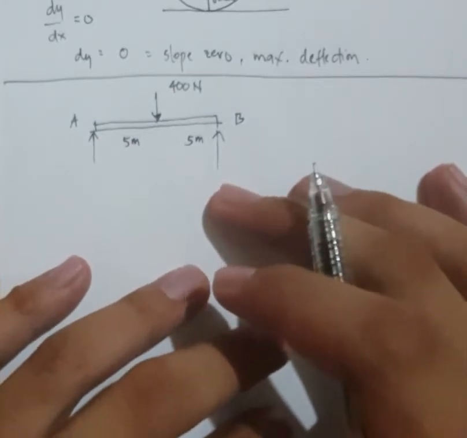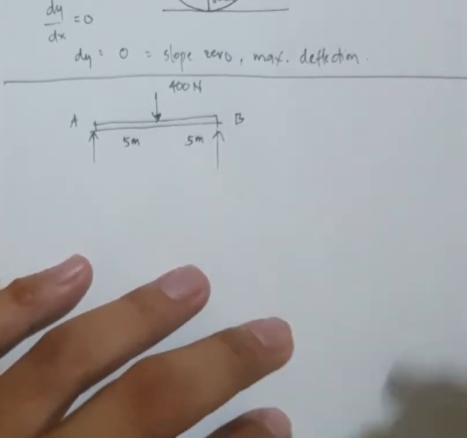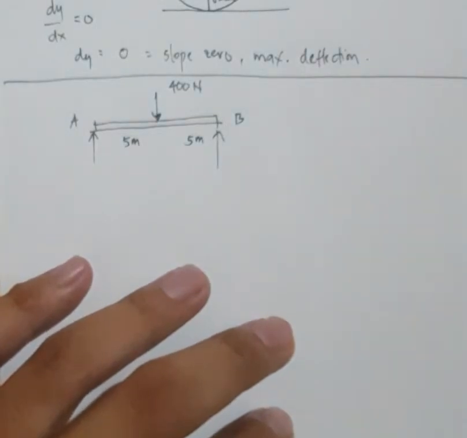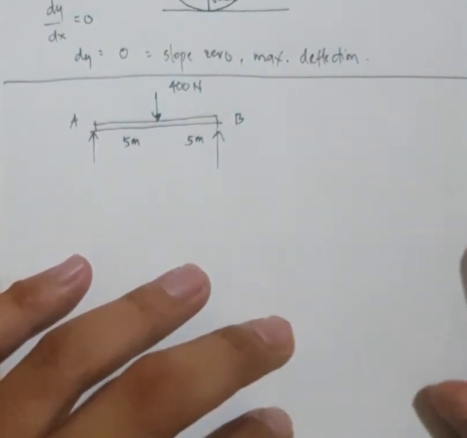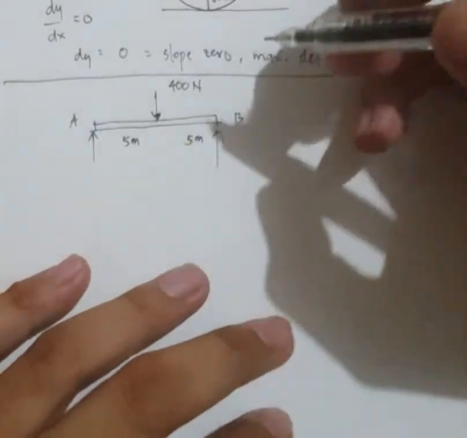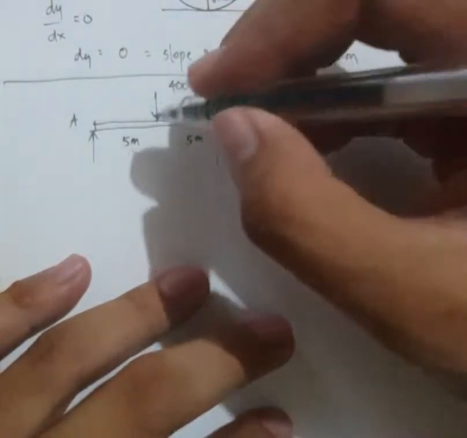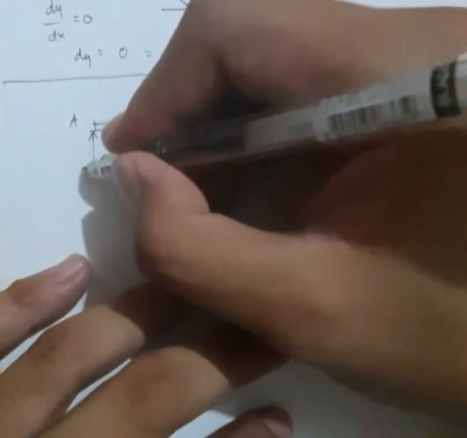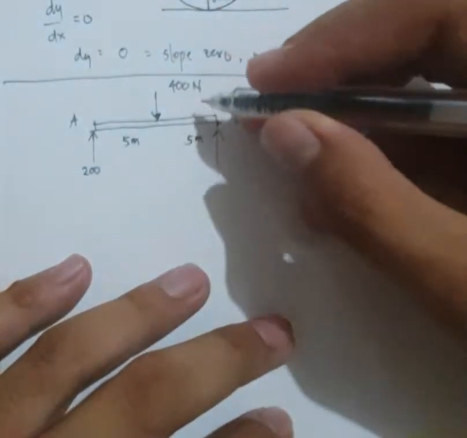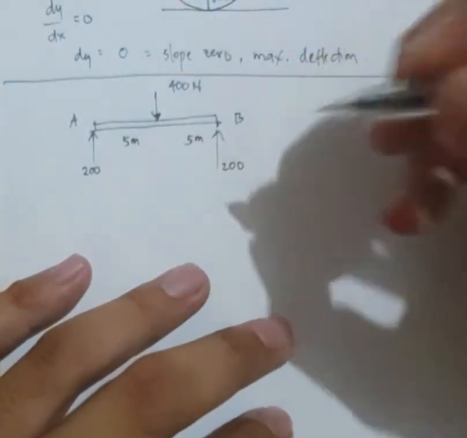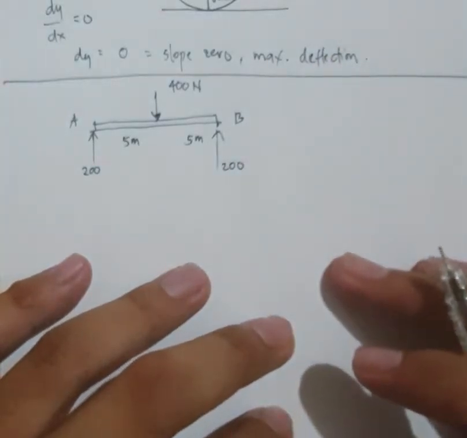So this is the most simplified possible example, then later I will give more complicated problems. Since there is one load, the reactions divide it into 2, so 200 and 200 distributed at the supports.